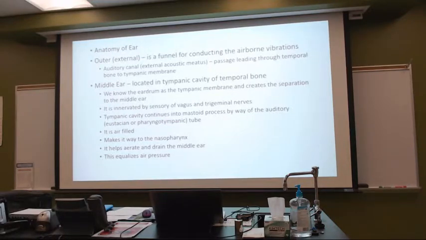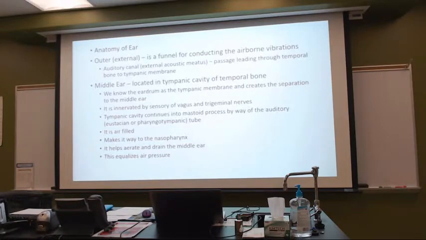We have our vagus and trigeminal nerves. We're also going to have some other cranial nerves coming into this area. Do you guys remember the vestibulocochlear? That's going to be coming to a part of our inner ear. So here for the middle, we're going to have the vagus and the trigeminal.